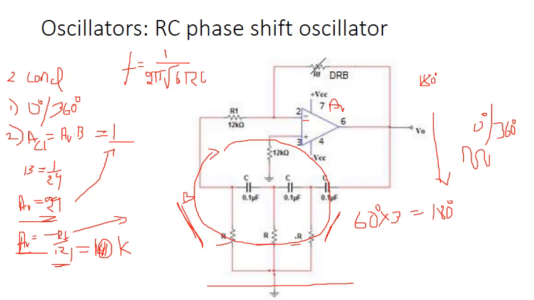We have already selected R1 and we have calculated RF. So these three R over here in the feedback circuit is this R, and this C over here is this particular C. So the frequency of oscillation is 1 upon 2 pi square root of 6 RC.